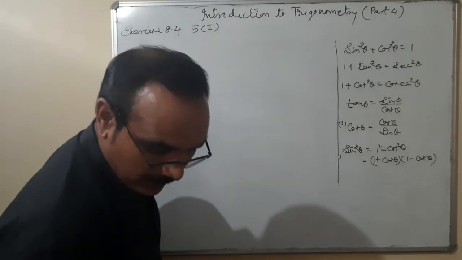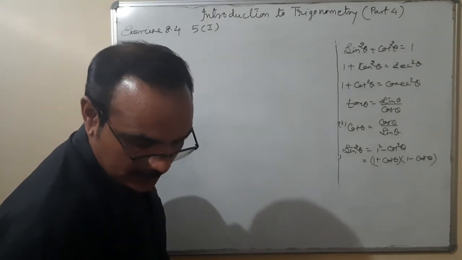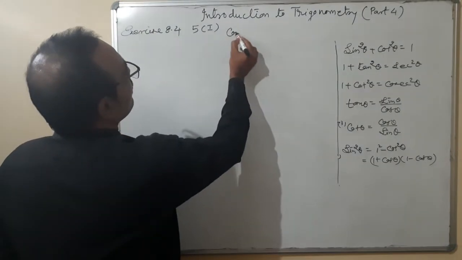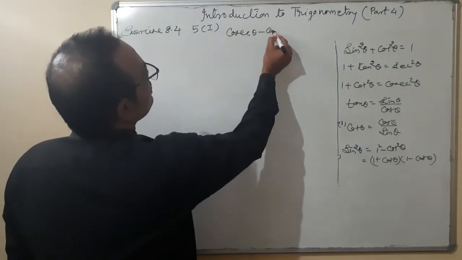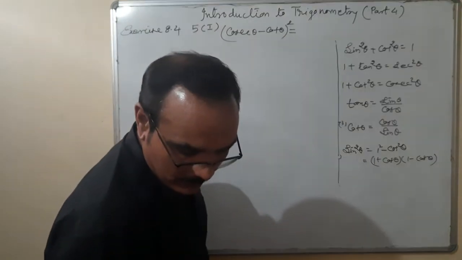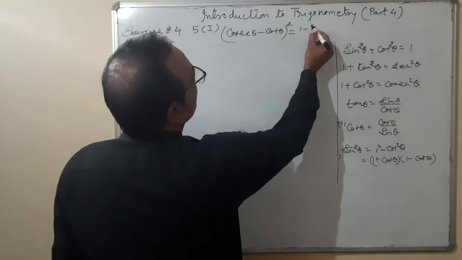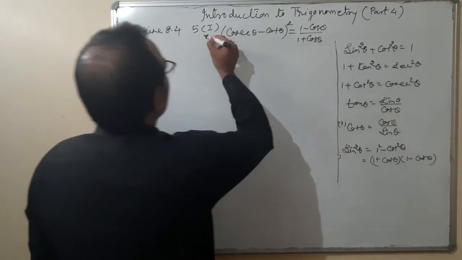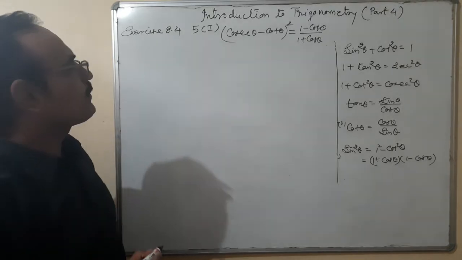Question is cosec theta minus cot theta whole square is equal to 1 minus cos theta upon 1 plus cos theta. Fifth question, first part. Okay.